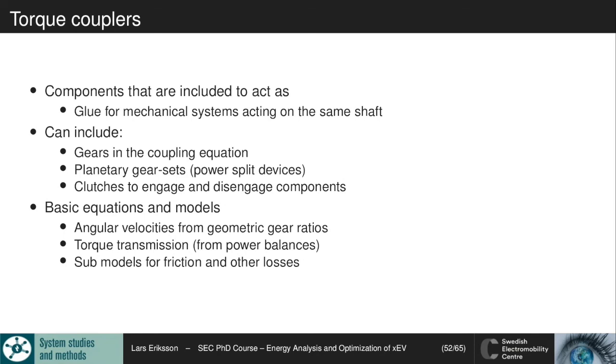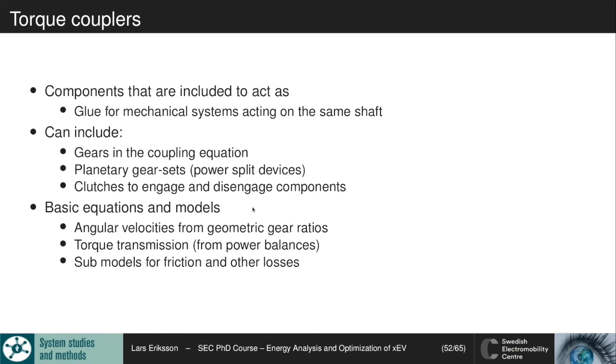Then we have also glue components in terms of torque that are torque couplers. They are glue components for mechanical systems that act on the same shaft, and they can be gears, they can be planetary gear sets, or they can be clutches to engage and disengage components. Like we would maybe like to disengage the combustion engine if we're running a hybrid vehicle in all electric drive, or we might want to disconnect some components from the system.